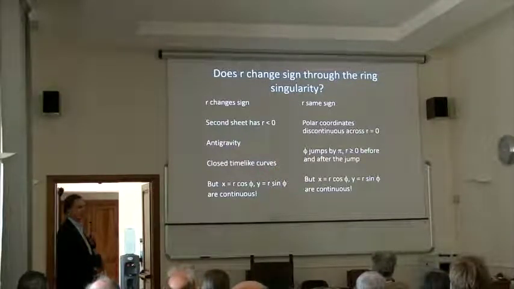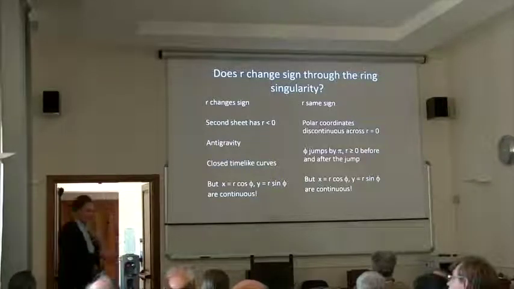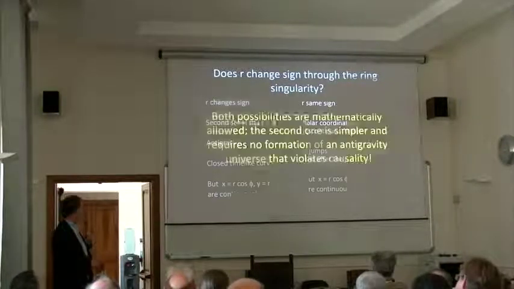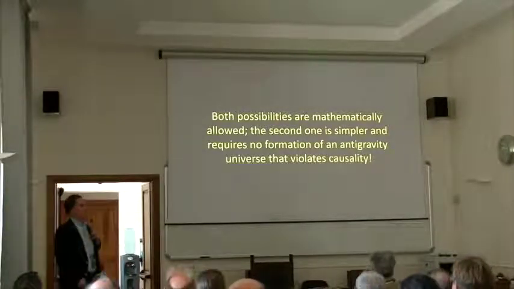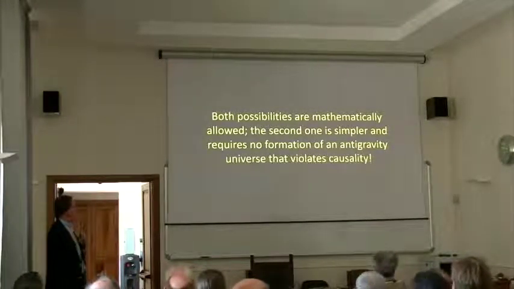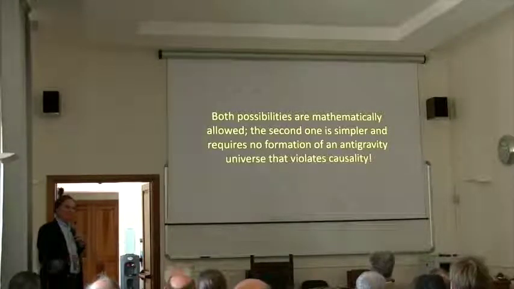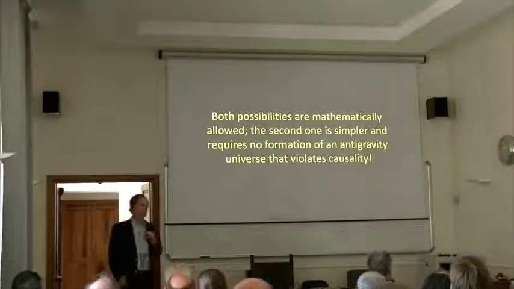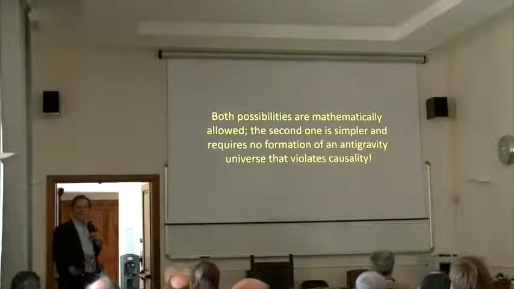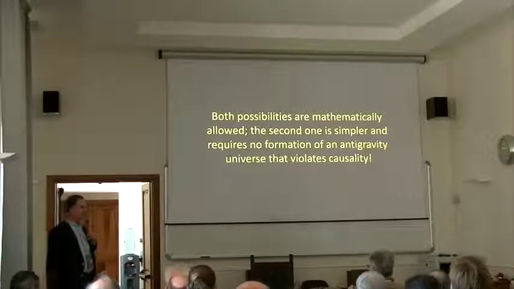In both cases, there are Cartesian-like coordinates that are continuous across the disk. So our conjecture is that there may be a different maximal extension of the Kerr solution which avoids the closed time-like curves and therefore modifies a little bit the description of the Kerr geometry from what is understood.